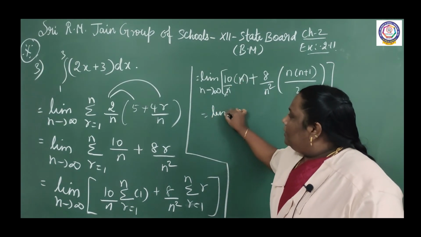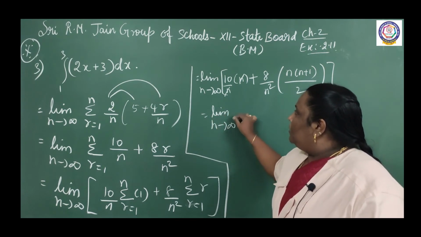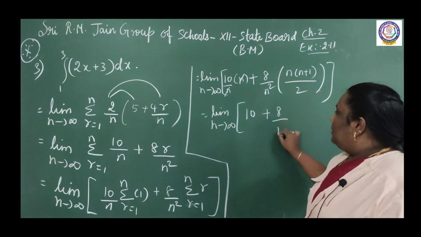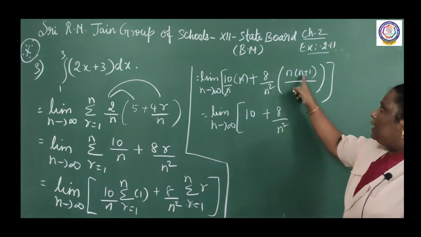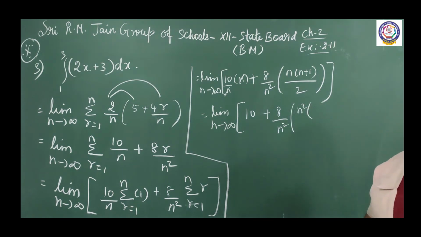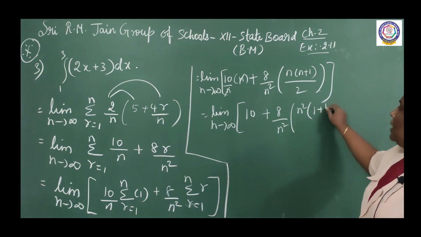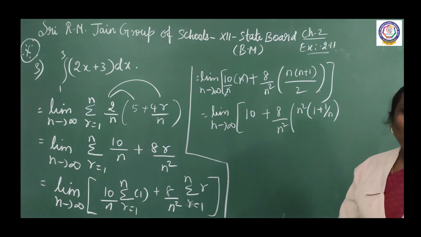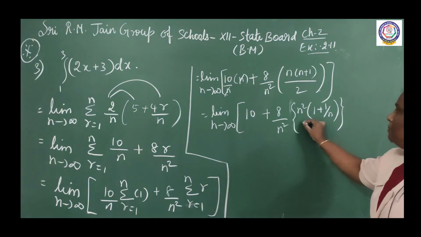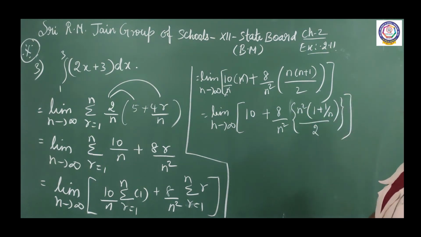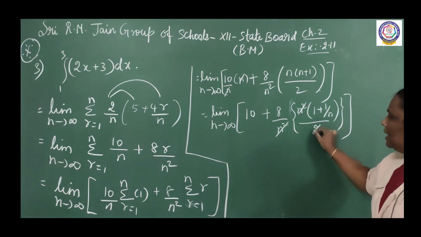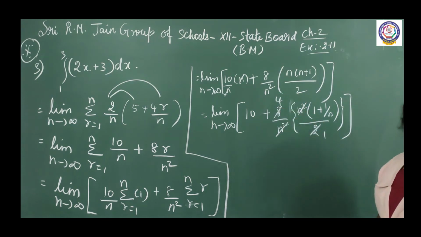Limit n tends to infinity, 10 plus 8 by n square into, you can take n square commonly out, 1 plus 1 by n by 2. n square gets cancelled, 2 ones are 2, 4s are.